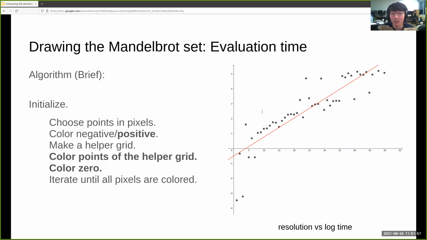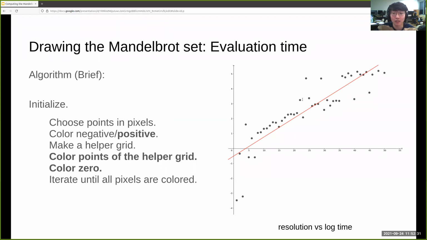Coloring positive calculates the root of the polynomial, which has exponentially growing degree. Root finding also takes a long time, and therefore consumes a large portion of time. Coloring points of the helper grid does steps 2 and 3, the coloring negative and positive again for the helper grid.